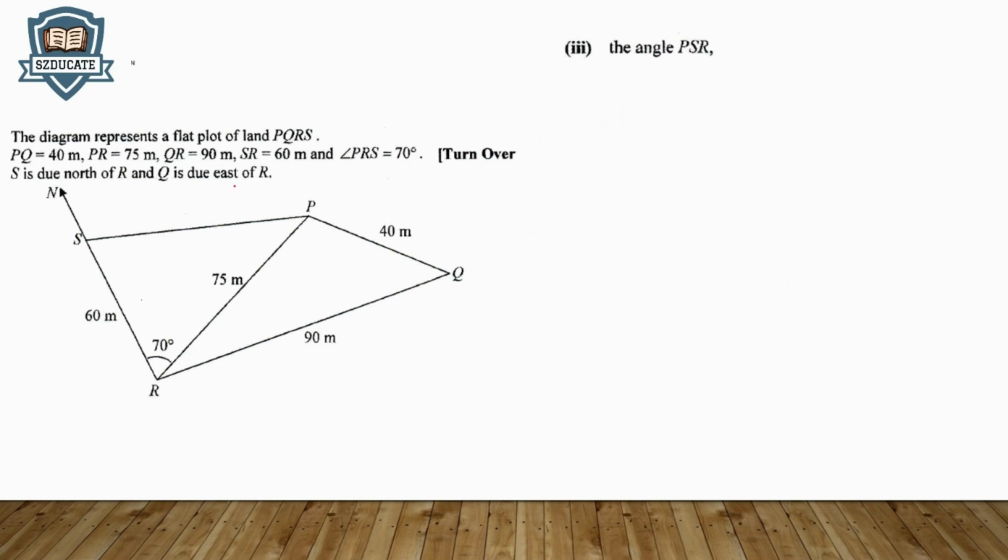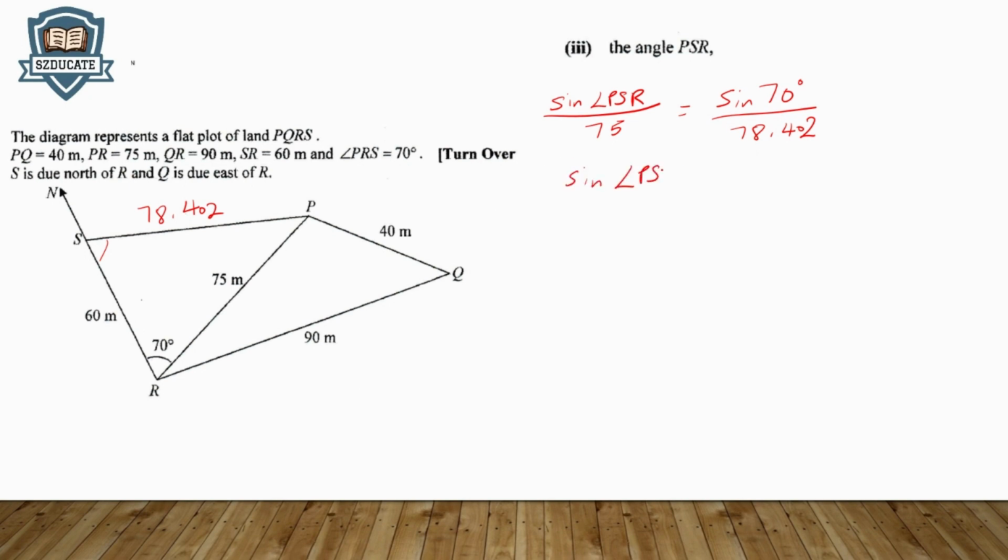Now, after we found PS, we already have another length here, which is 78.402. This allows us to use sine rule to find angle PSR, which is here. So sine angle PSR over the corresponding opposite length, which is 75, is equal to sine 70 degrees over 78.402.